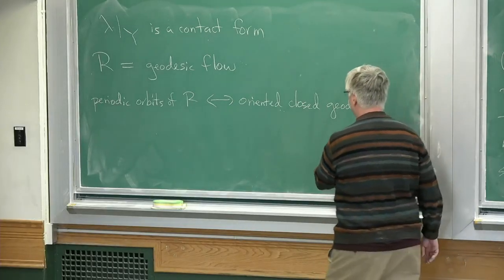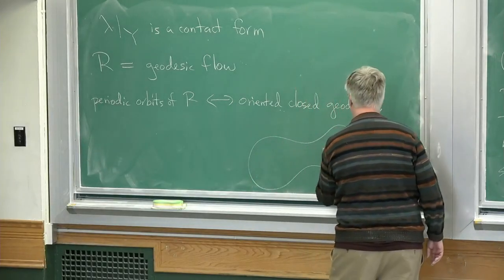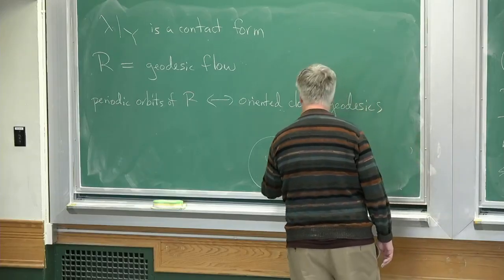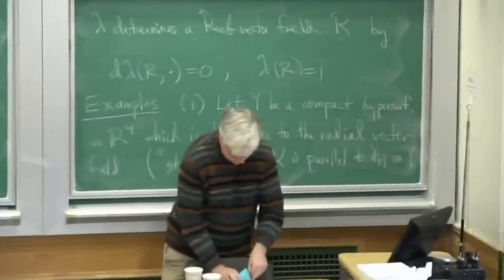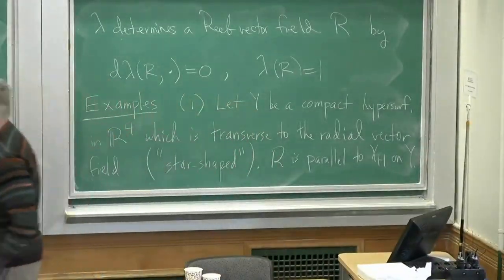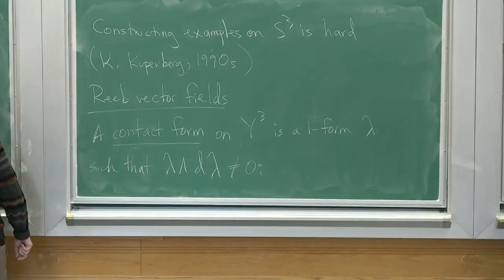So on the surface, a geodesic is just some curve which minimizes length.